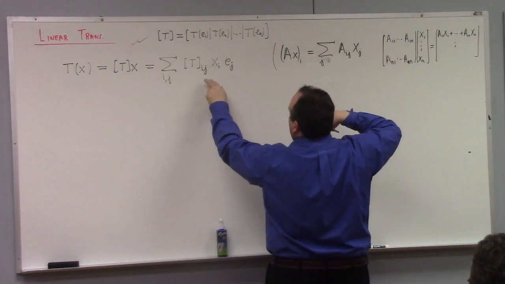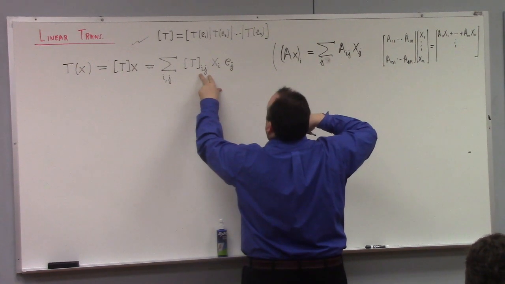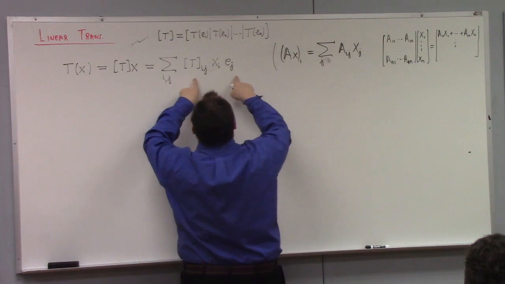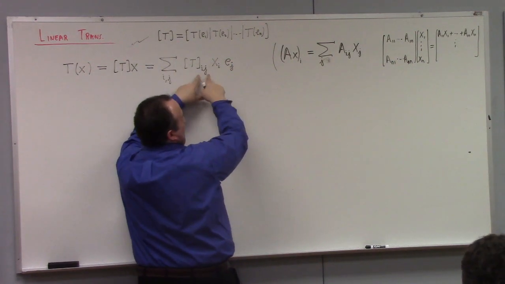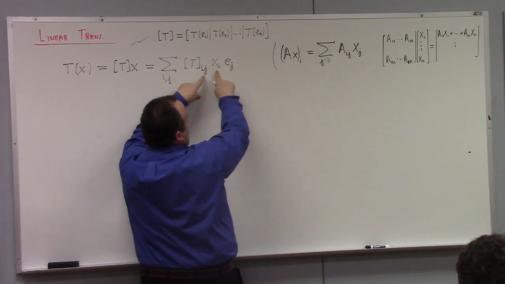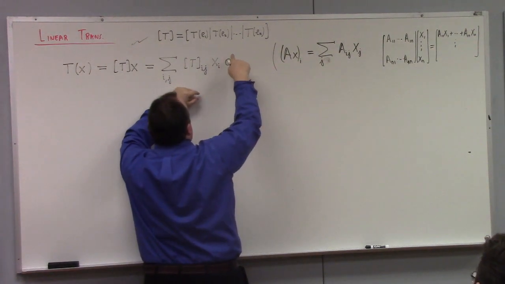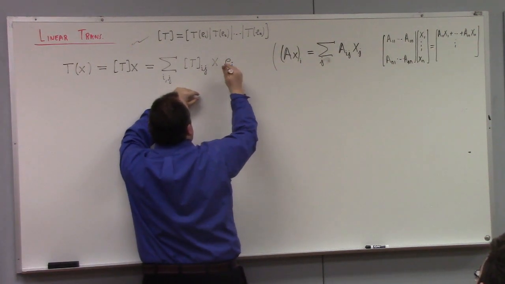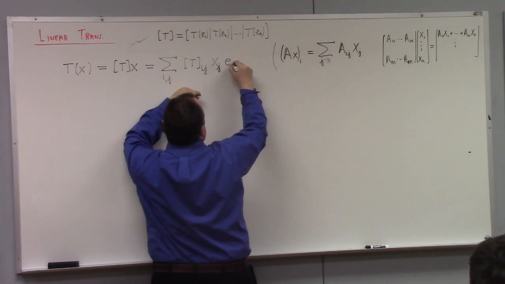Did I get the pattern right? I did not. See, I told you 50-50. It's a good thing I checked. So I've got them flipped. The sum over the coordinate is supposed to go with the second index. So let's put the j on the x and the i over here.